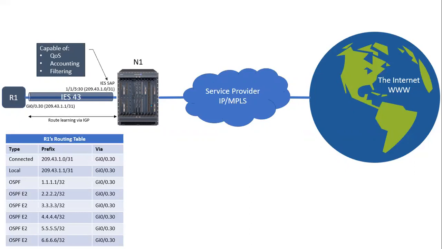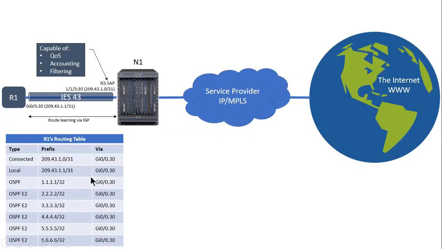So through the IES, the service provider can establish an IGP adjacency and freely exchange routes with the customer site. So in our example, our customer router R1 has an OSPF adjacency with the service provider, and its provider edge is N1.